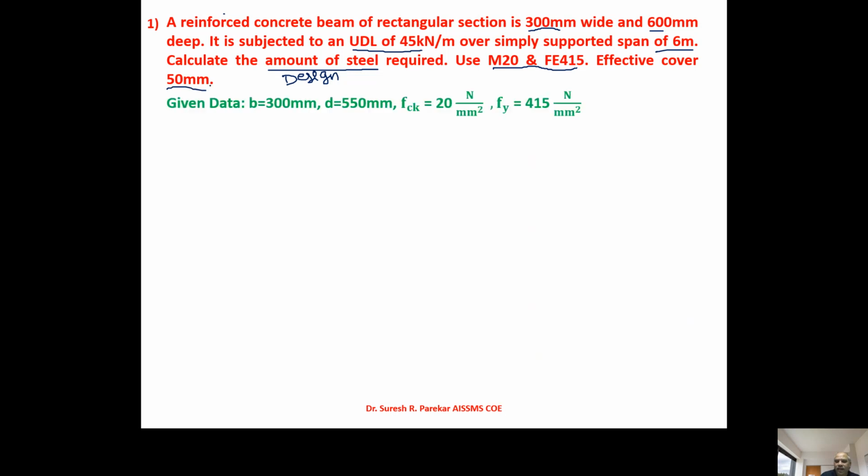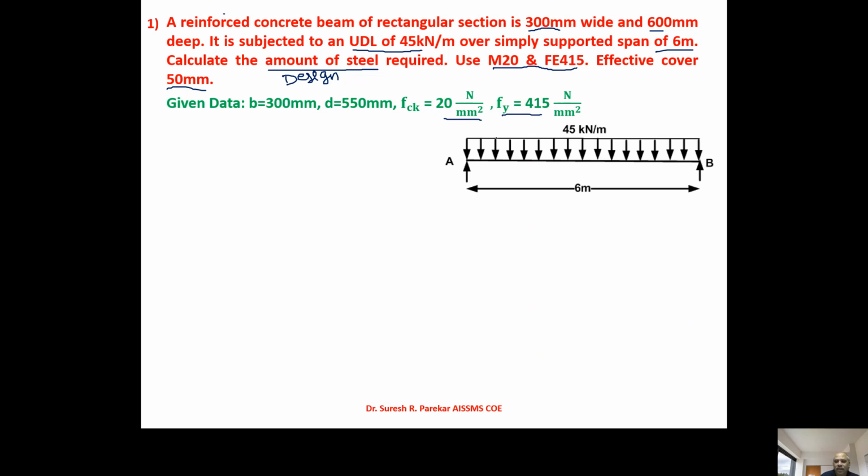So what is the given data? We have given B 300 millimeters, D 550 millimeter, fck 20 Newton per mm square, fy 415 Newton per mm square. Now we will plot this simply supported beam, 45 kilonewton per meter, 6 meter.